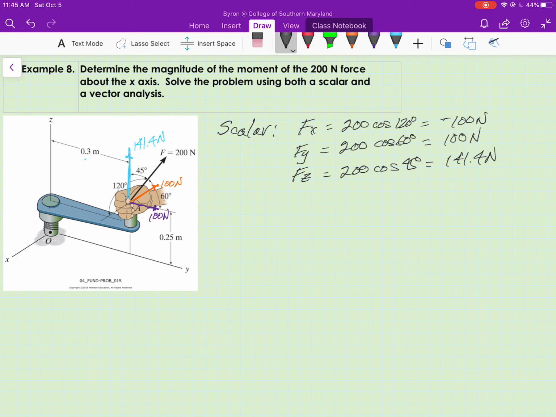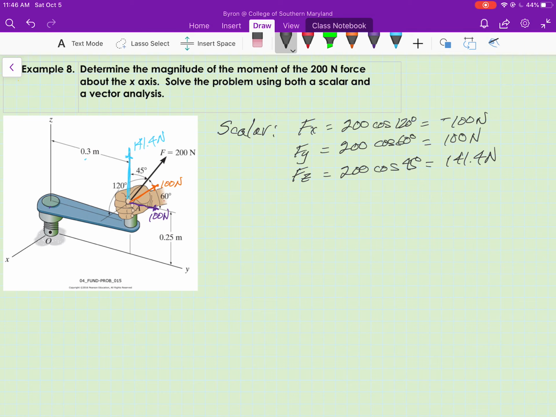So I'm going to repeat that because this is very important to understand. A force that is parallel to an axis or has a line of action that passes through any point on the axis does not produce any moment about that axis.